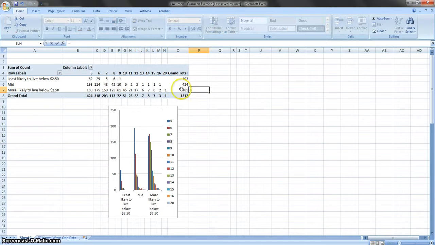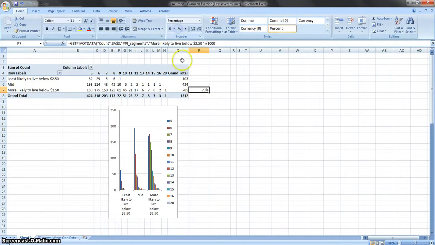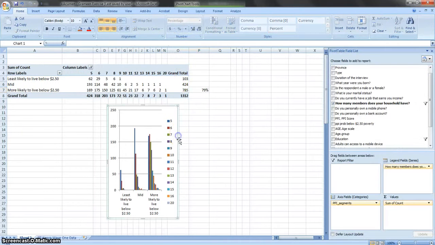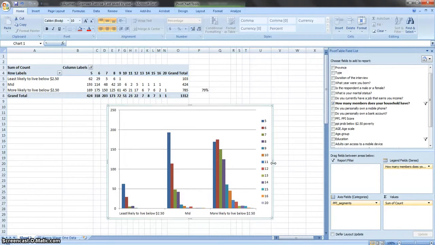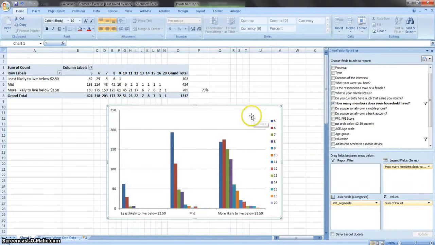So again, we're going to do the total divided by 1,000, and you could see that you have 79% with larger households of 5 members or more among the ones who are more likely to live below the 250 line.